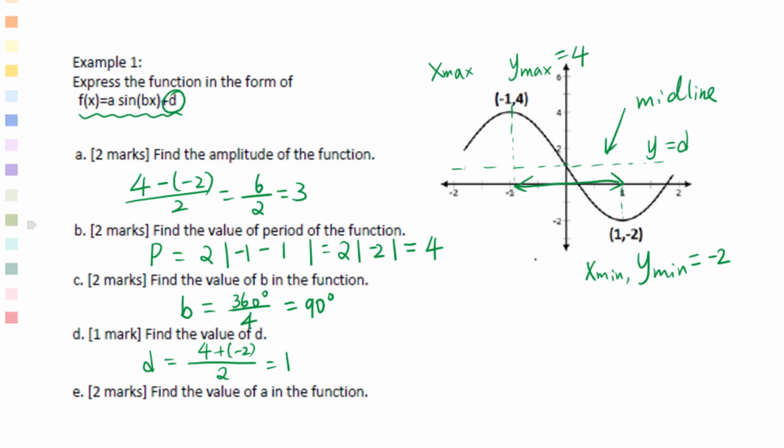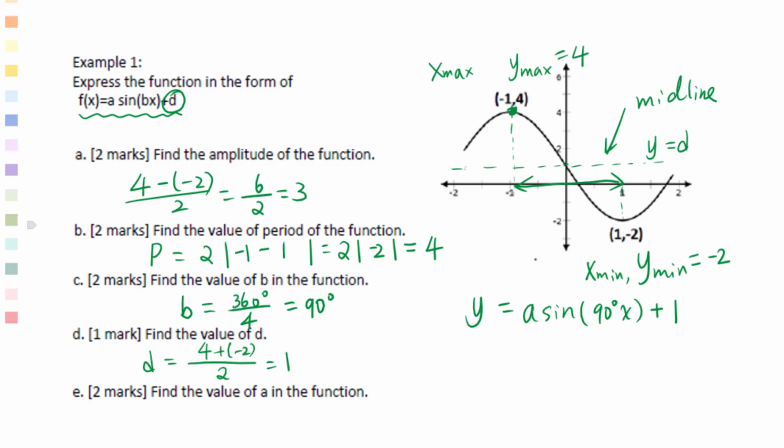We will use the maximum point or minimum point to figure out this a. Sometimes you are given a is positive or a is negative. For this question, we don't know a is positive or negative. Since we already figured out b and d, y equals a sine 90 degree x plus 1.